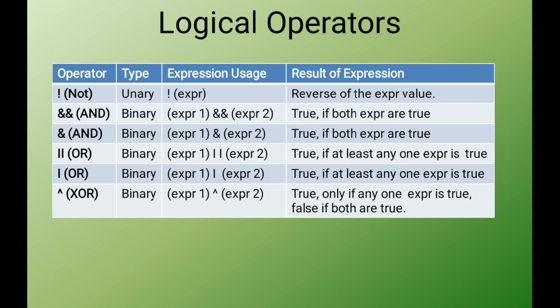Logical operators are used along with relational expressions or conditions to combine them. Java provides the following logical operators: not, and, or, and XOR. Out of these, not is a unary operator and requires a single relational expression, and the rest are binary operators and require two relational expressions as operands.